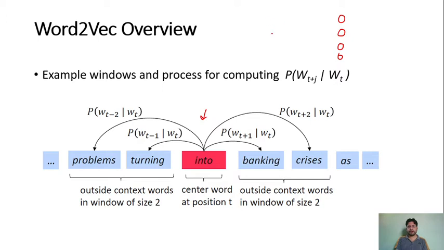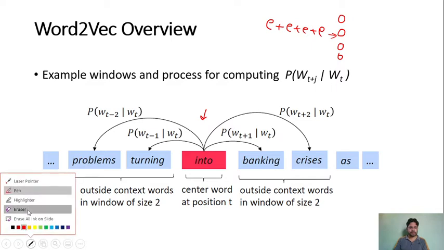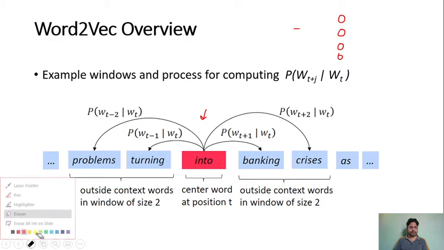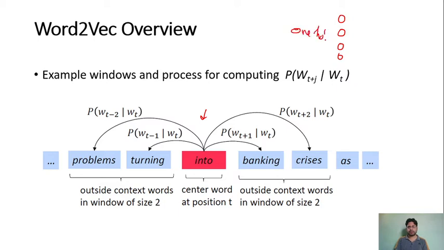If the embedding of one word is E, then E plus E plus E plus E goes as the input. Actually this is a one hot representation, so instead of embedding, you have a one hot representation of these context words that goes here.